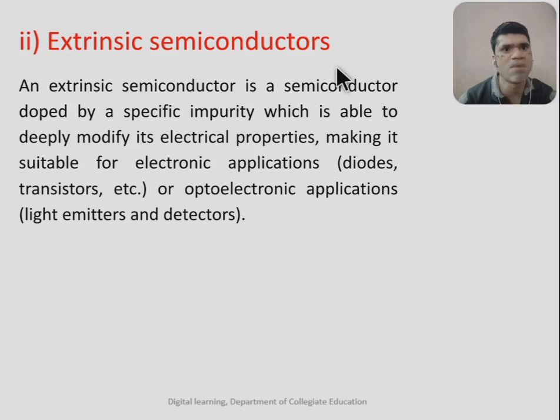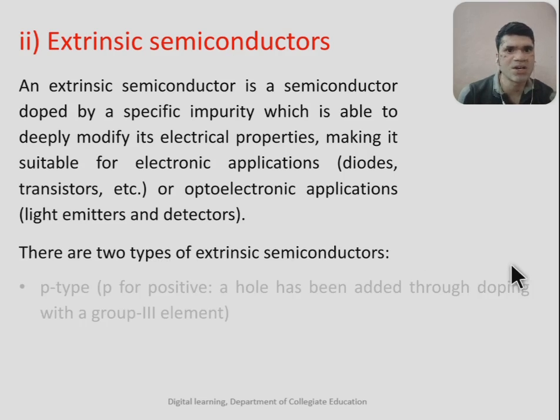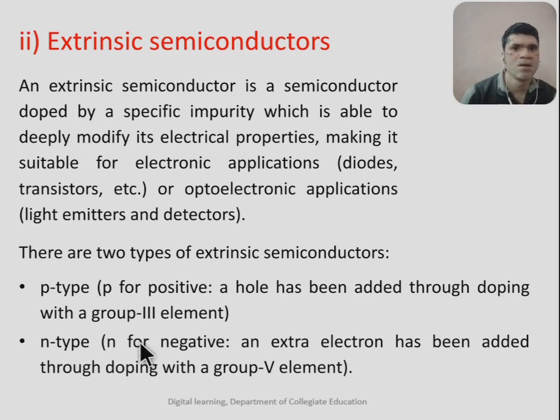Here a small amount of impurity is doped into the pure semiconductor material. There are two types of extrinsic semiconductor. One is P type, P for positive: a hole has been added through doping of a group 3 element into a group 4 element. The other is N type, N for negative: an extra electron has been added through doping of a group 5 element into a group 4 element.